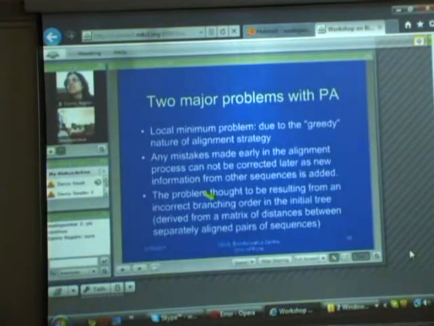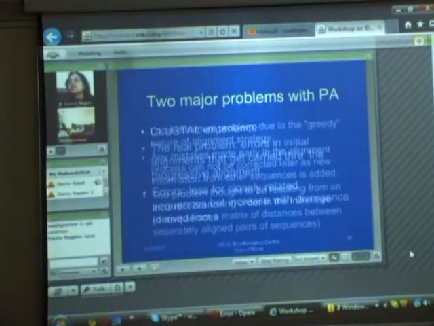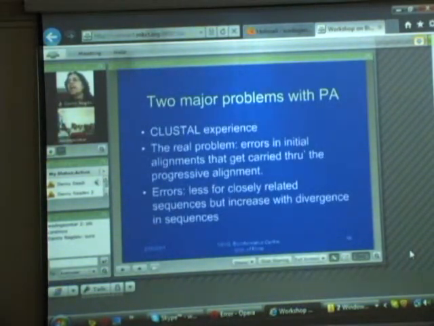That is the disadvantage of the greedy nature of the algorithm, and this is something the user cannot do much about. One has to keep this limitation in mind and then intelligently use this method for as many sequences as possible. And that is the only way to check the essential accuracy of your alignment.